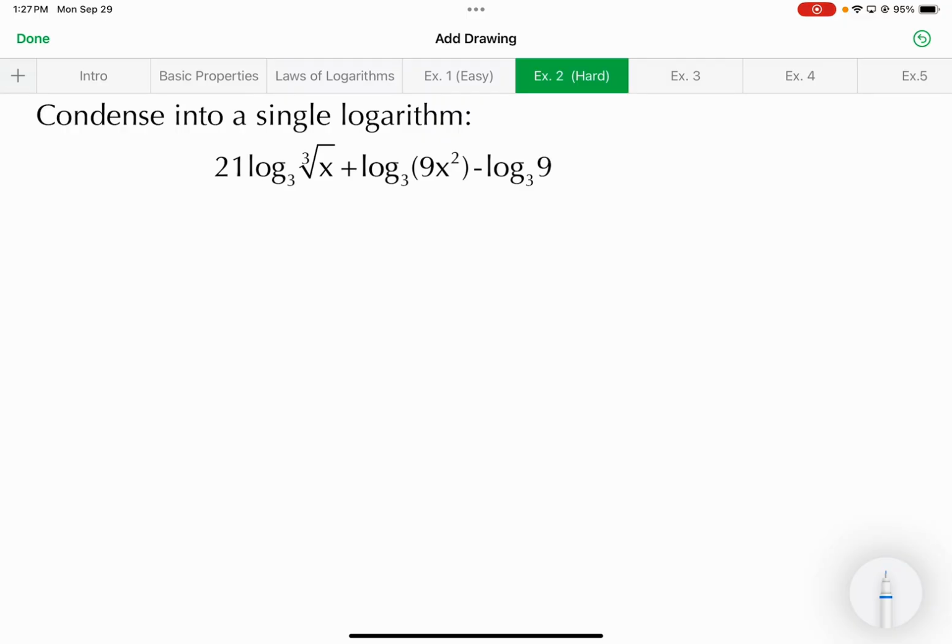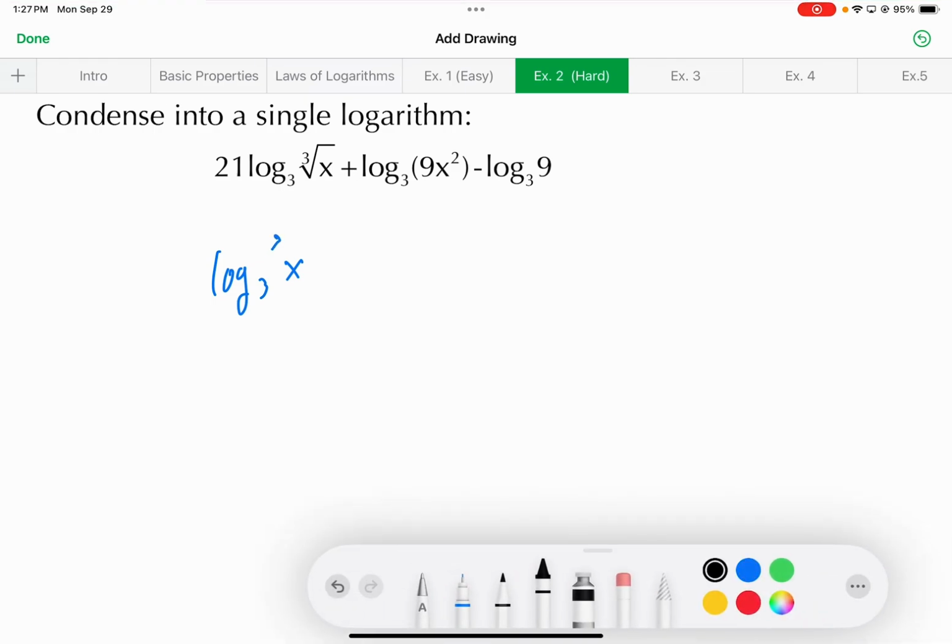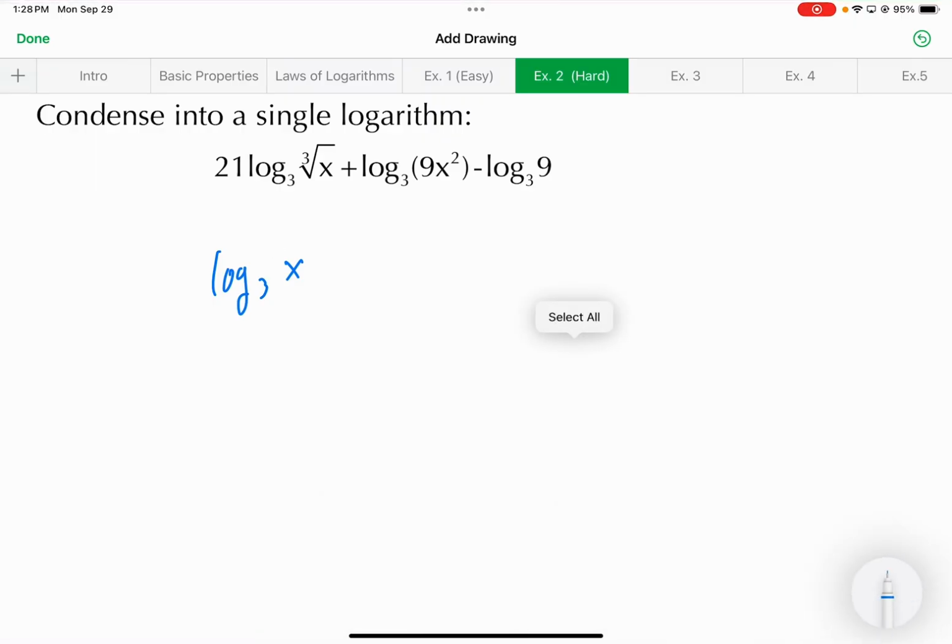Each one has its own individual power, so let's do that, except the last one there. All right, so log base 3 of x to the... Help me out with this first one. How do you guys want to handle that first one? It means the cubed root, that's a 3. It's the cubed root of x, but now to the 21st power.